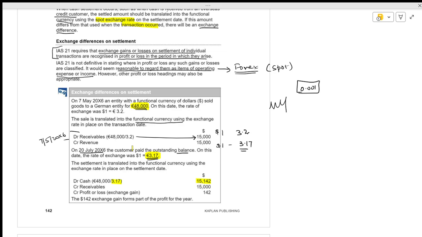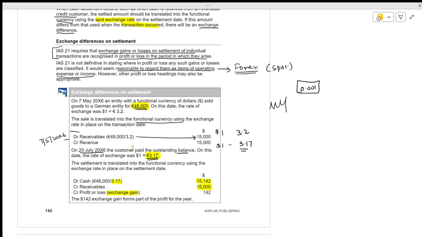Receivables, which we debited, remain the same at $15,000. You are receiving a higher amount of dollars on the settlement day compared to 7th May.